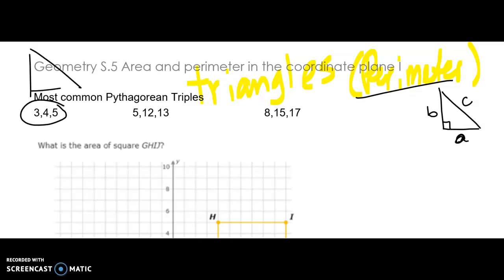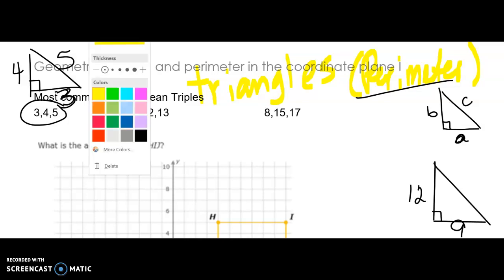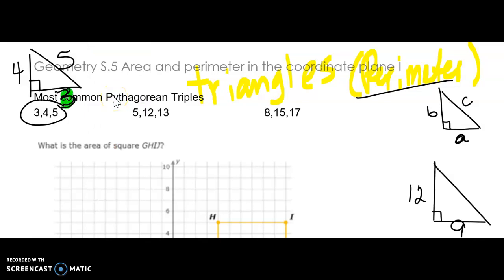What that means is, if you have a right triangle and this side is 3 and this side is 4, and you know it's a right triangle, then you don't have to use the Pythagorean theorem. You should automatically know that the hypotenuse is 5. And if this is 9 and this is 12, because if you multiply 3 by 3, you get 9, and you multiply 4 by 3, you get 12.